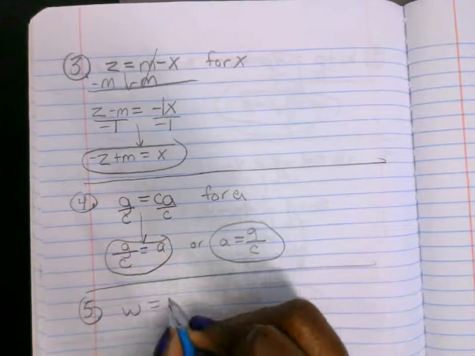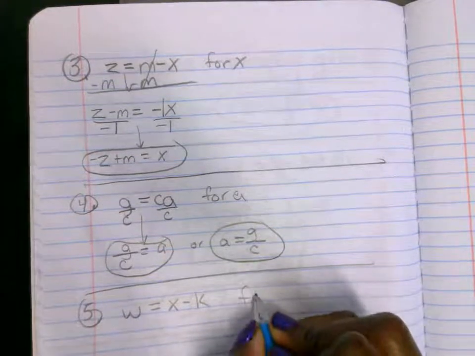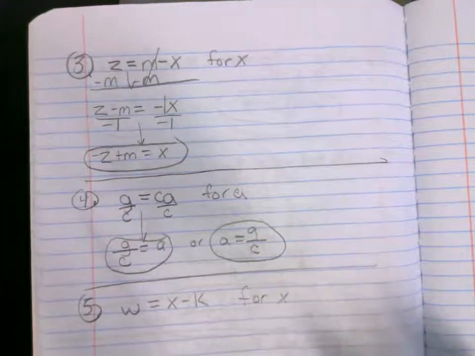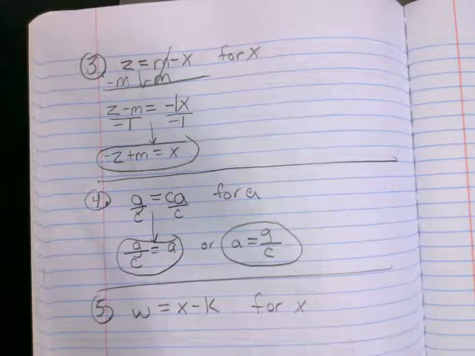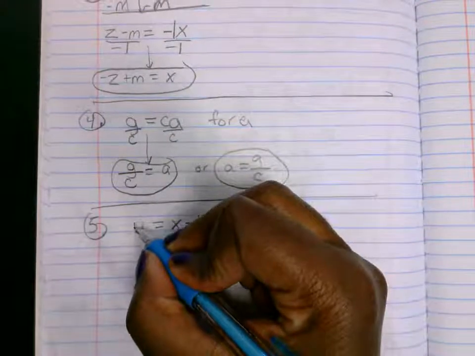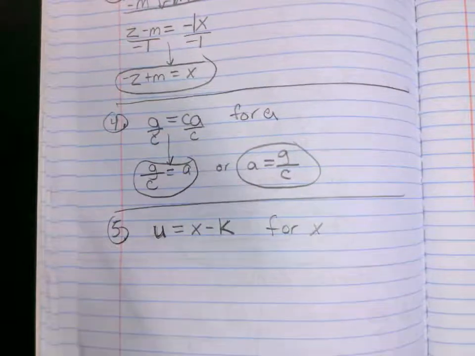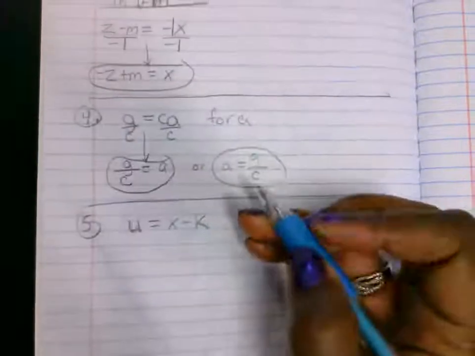Number 5, U is equal to X minus K. What are you solving for here? All right, let's do this one on our own. I'm pausing. It's U instead of W. Sorry, y'all. What do we do to get X by itself here?